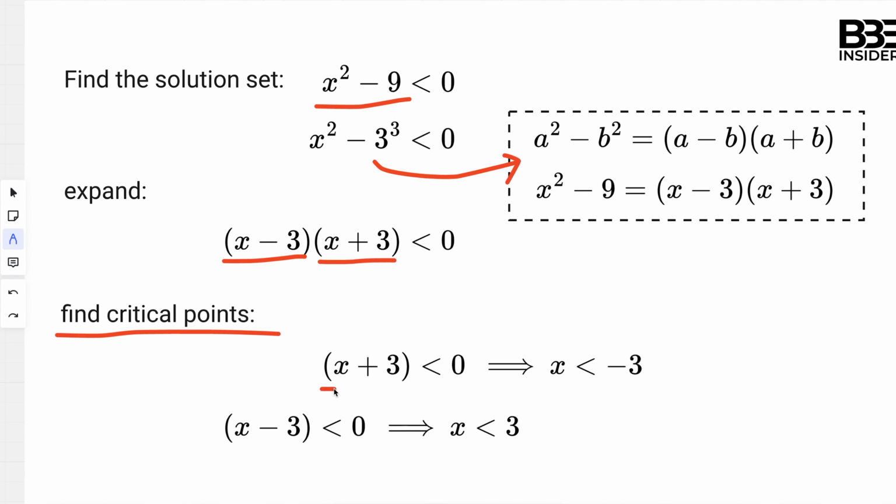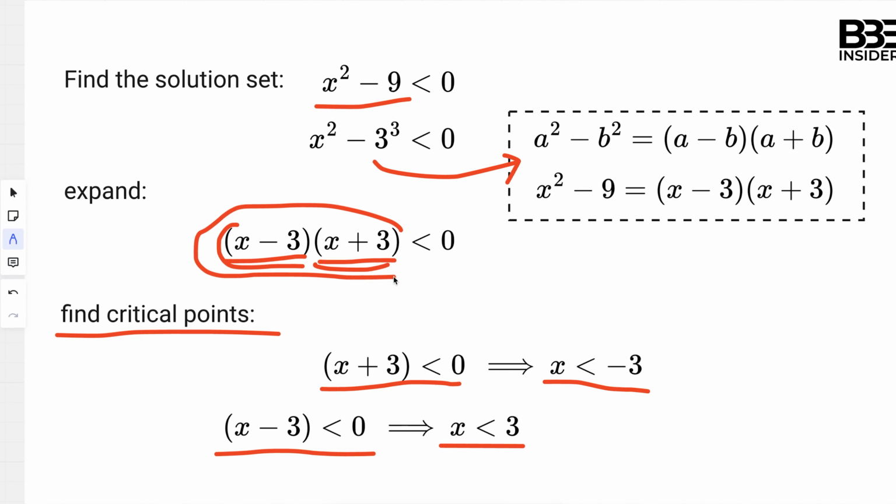X plus 3 is smaller than 0 once x is smaller than minus 3. X minus 3 is smaller than 0 once x is smaller than 3. These are the values where these brackets turn negative. Why is that important? As soon as one of these parentheses is negative, the whole expression is negative.